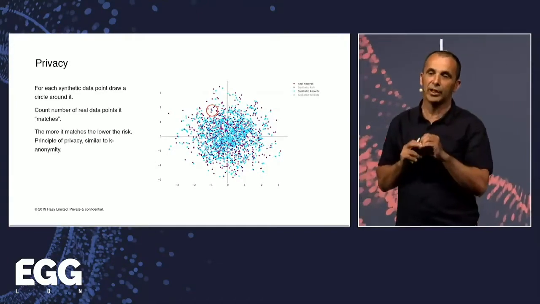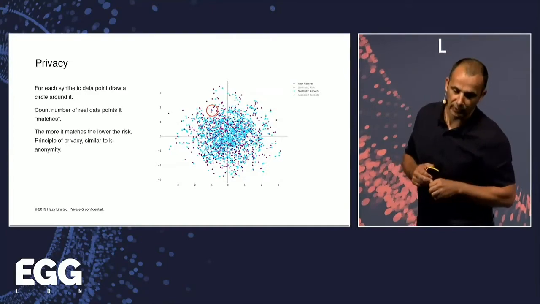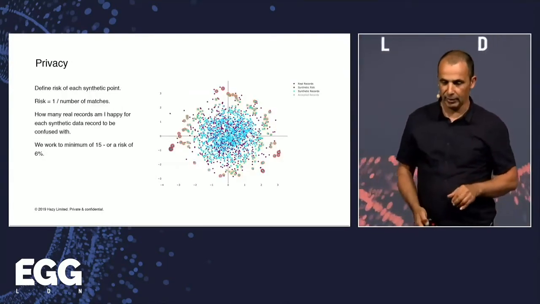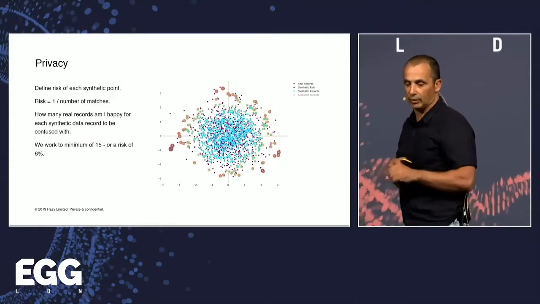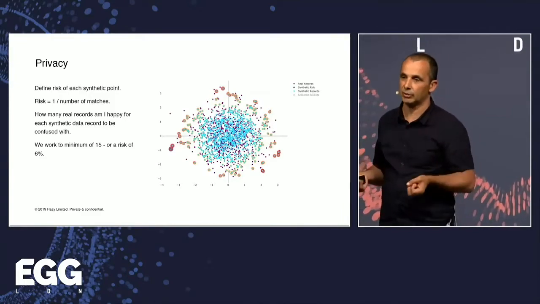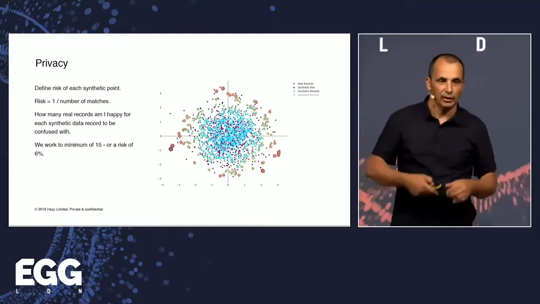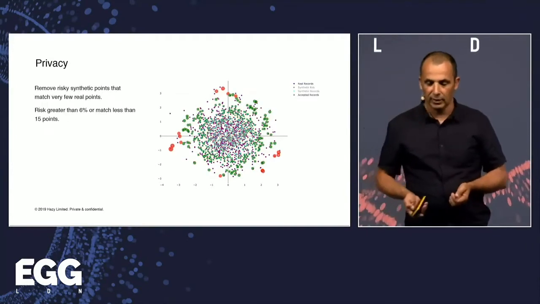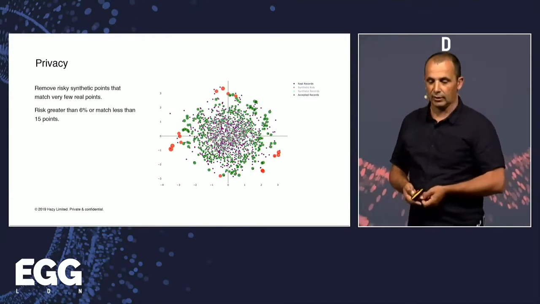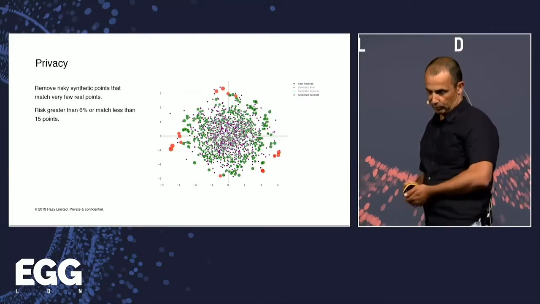So we define a threshold limit where we say, if you have less than a certain amount of points, then we exclude this because we think it's not safe, and then you get the remainder. Typically in this case we put 15 points, and you can see that we retain almost all of the data.